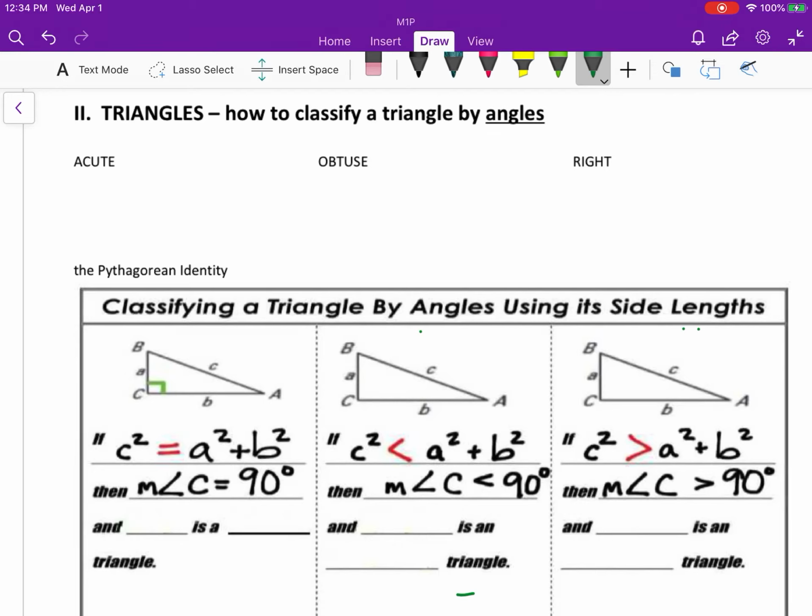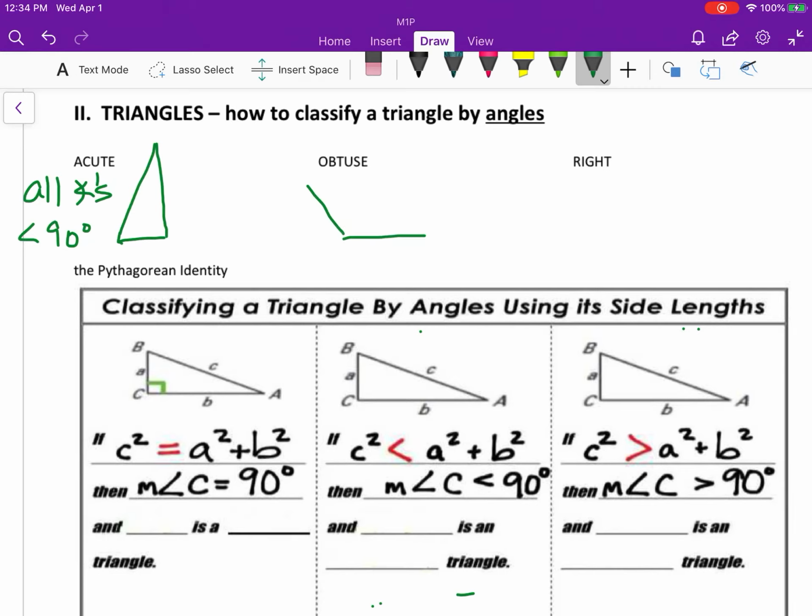The next part is triangles by angles. You have your everyday acute triangle, where all three angles are less than 90. All angles, that's how I make my angle symbol, are less than 90.